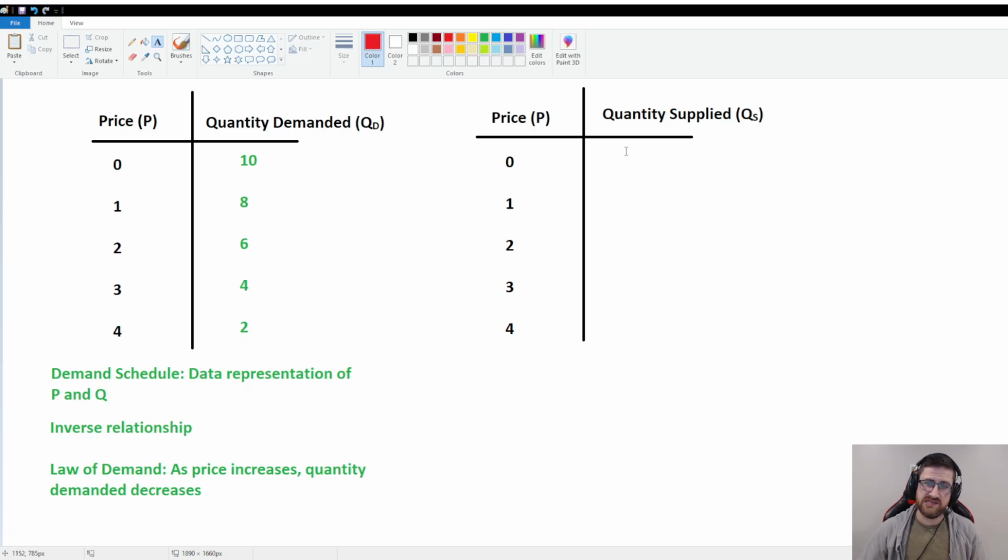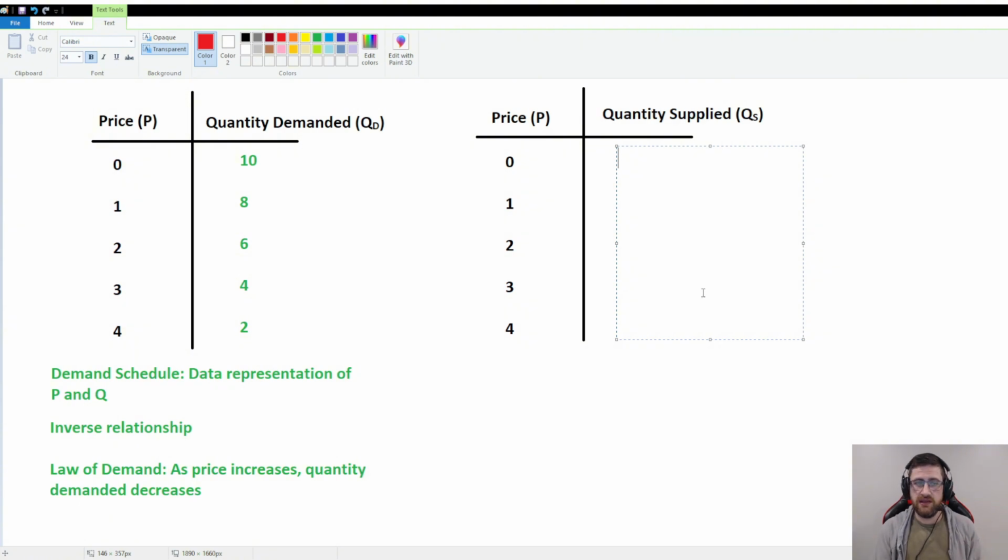So what happens here is this. Again, pretend you're a seller of something. Someone tells you you can sell this thing for $0. How many are you going to want to sell? Well, if I can only sell it for $0, that's a really terrible deal for me. So I might actually just not sell any, right? The quantity I'm going to supply is 0.